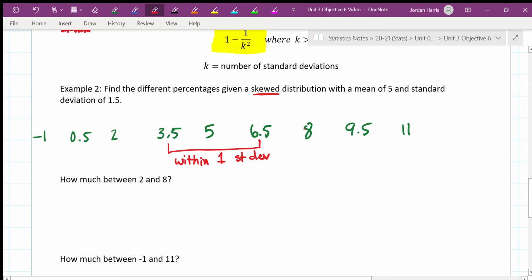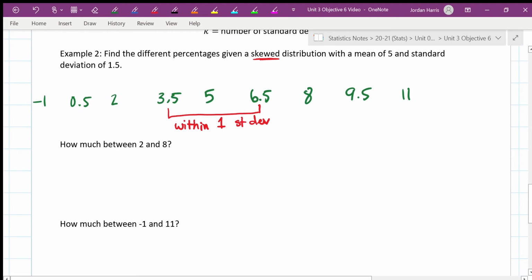That's within 2 standard deviations. So k equals 2. It's always going to be symmetric like that, both directions the same distance. What is the distance to one of them? That's how many standard deviations you are within.